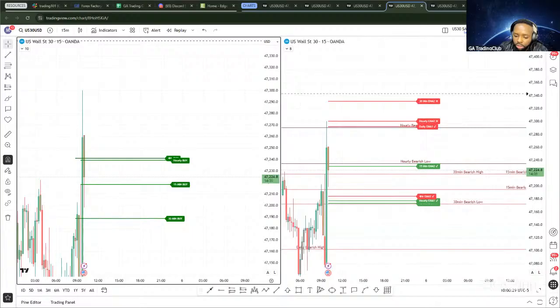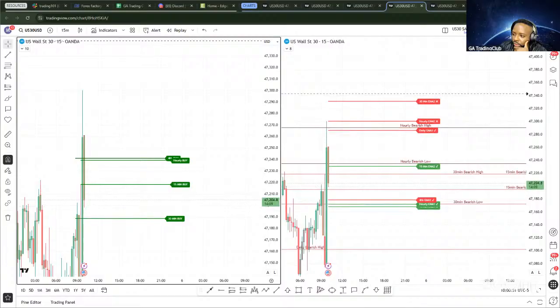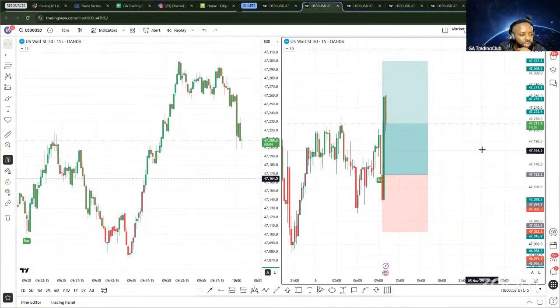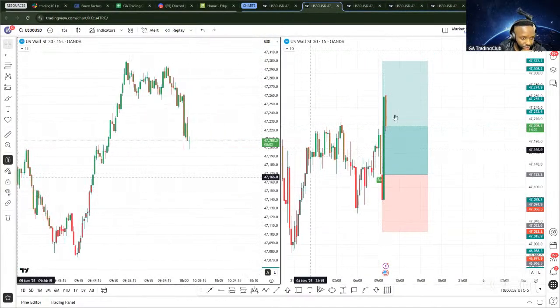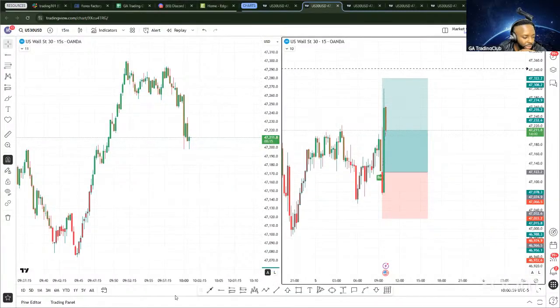And let's see here. US30 trade. All right, so this trade here is still running, so hopefully we can push back up and go to TP on this particular trade.